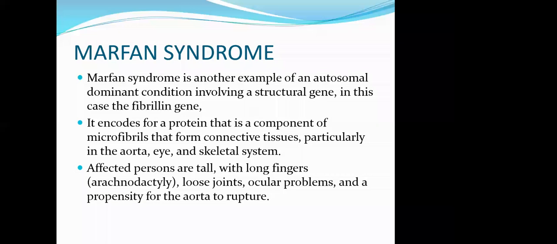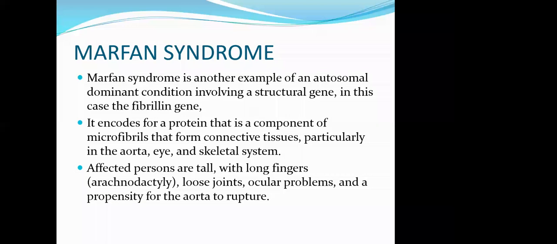They also have ocular problems because the socket, the eyeball, is usually very bouncy or collapses very easily. And also they have this propensity for problems with the vessels, especially the aorta, because of these microfibrils being very soft.